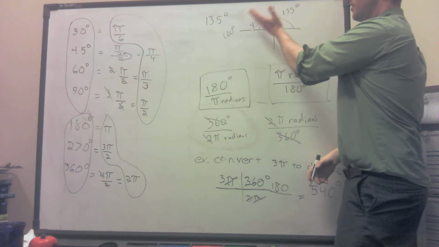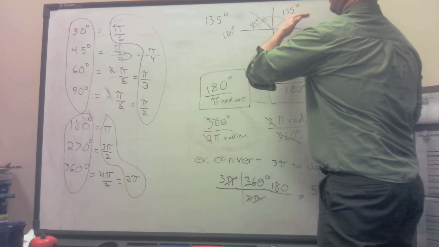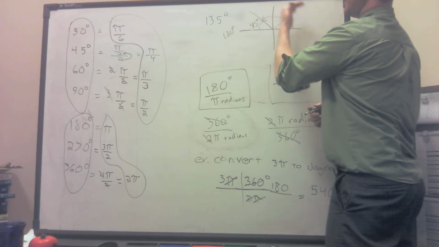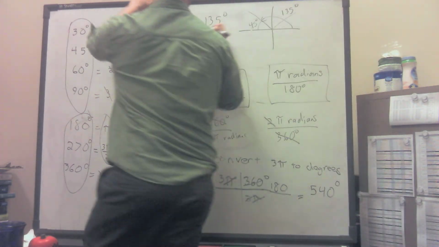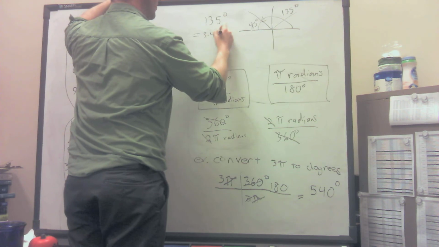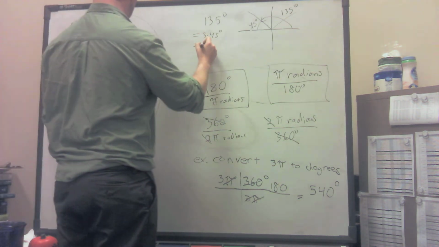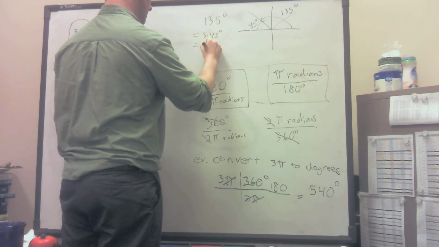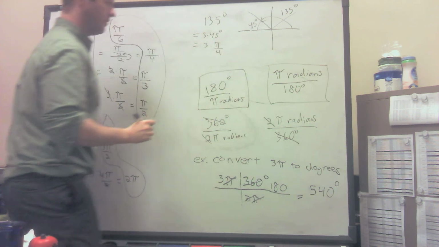So that means the rest of this has to be 45, 90, 135. That's 3 times 45 degrees. So 135 is equal to 3 times 45 degrees. And 45 degrees is pi over 4. So that's 3 times pi over 4. And there we go.